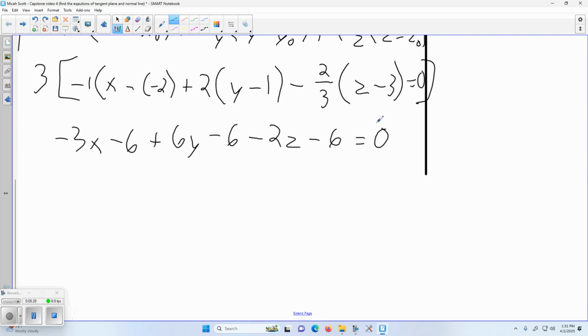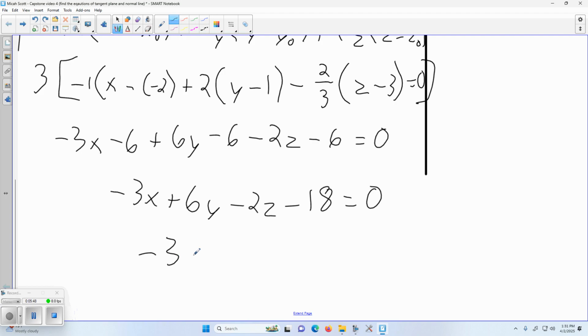We'll continue simplifying, and we will have negative 3x plus 6y minus 2z minus 18. I'll add 18 on both sides. That gives the equation of the tangent plane: negative 3x plus 6y minus 2z equals 18. So this is our tangent plane.